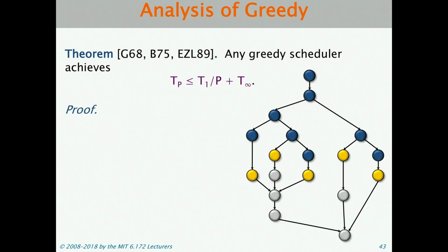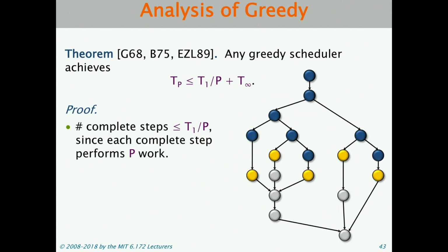Here's a simple proof for why this time bound holds. We can upper bound the number of complete steps in the computation by T1 over P. This is because each complete step is going to perform P work. So after T1 over P complete steps, we'll have done all of the work in our computation. That means the number of complete steps can be at most T1 over P.